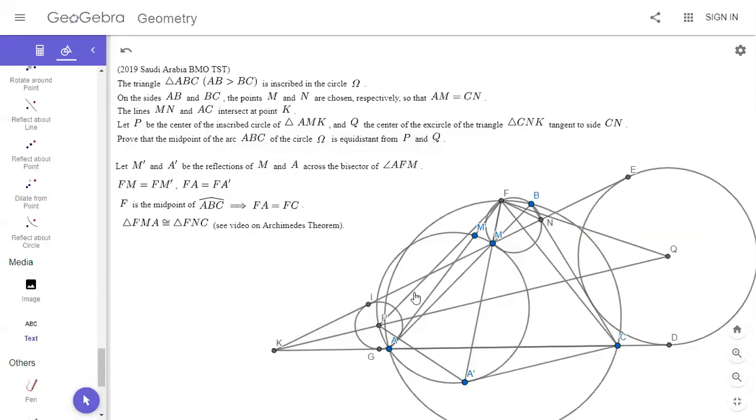Okay. And then M prime M, A prime A is cyclic. And then we also want to show that P lies on that circle. How did I get that? I'm trying to remember what I did, or if I even need that for the proof.